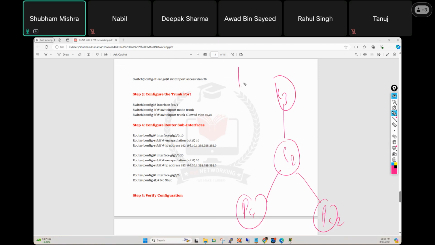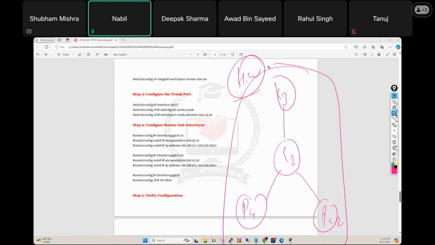This is your homework again. You guys can try this lab also. Try and let me know tomorrow what you find. Try to find the solution, guys.